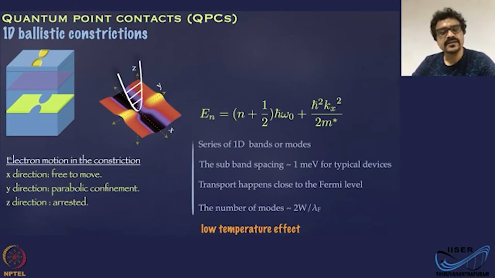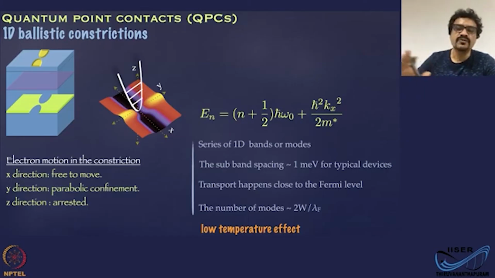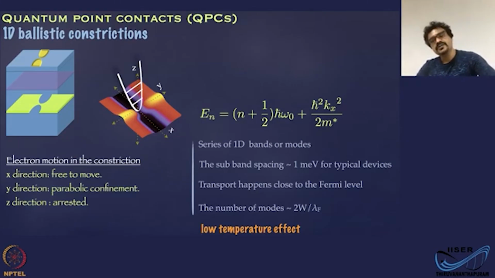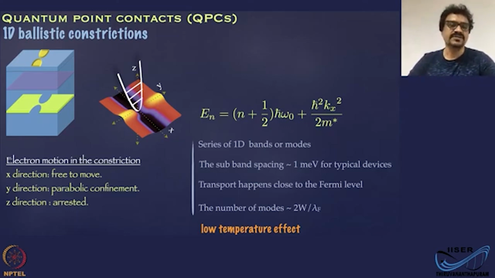Usually, these devices are realized on a two-dimensional system, on a two-dimensional platform. So you have the three-dimensional system, then you go to the one-dimensional by various technologies that we have discussed, such as semiconductor heterostructure or two-dimensional layered materials or whatever you have. You remove one dimension from 3D, you go to two dimensions. Now the next step is you remove one more dimension, then you will get a one-dimensional system.